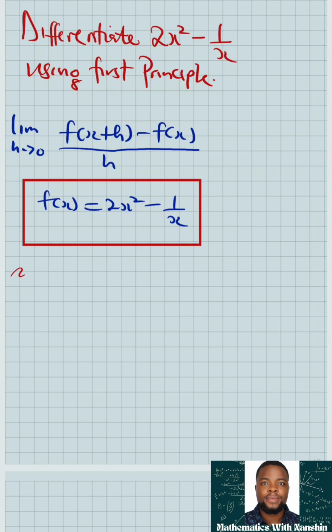Straightforward. So we have limit as h approaches 0 to, instead of 2x squared, write 2 open bracket x plus h squared.